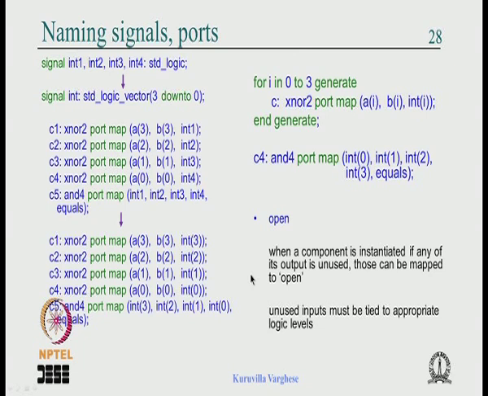So that is about the different models of description. The structural coding is what we have looked at. Basically we declare components, declare internal signals, instantiate them, and interconnect them by describing the interconnection using the internal signals and ports.